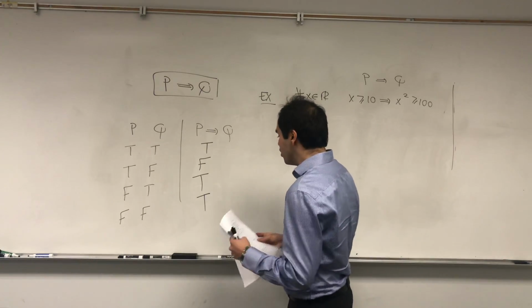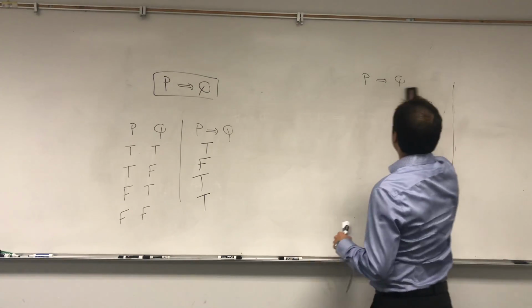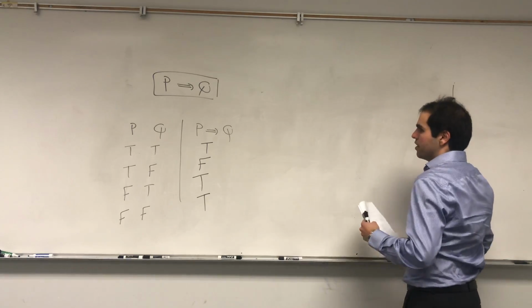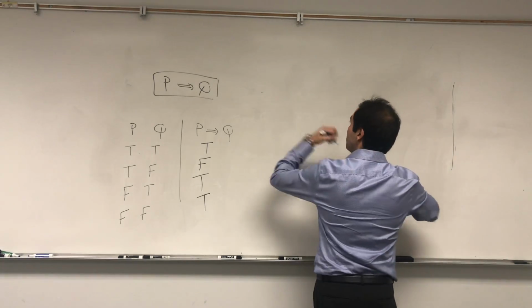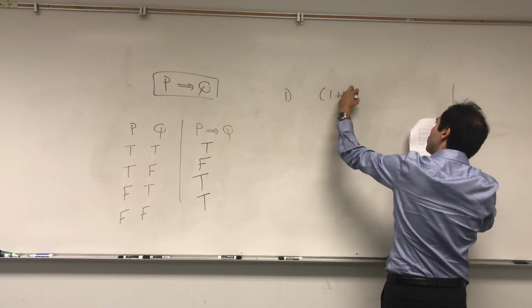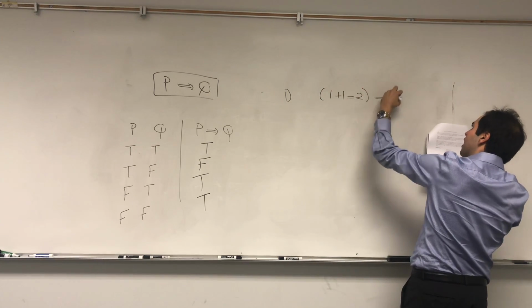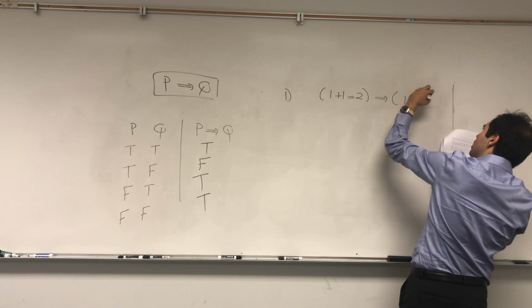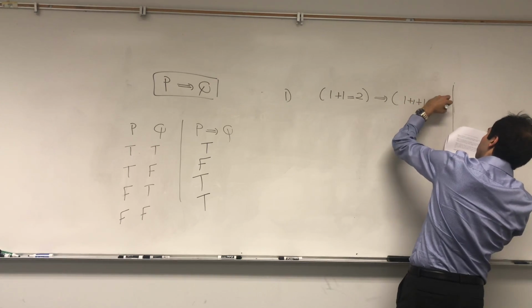But let me give you a couple of examples of scenarios. For instance, what about the following? Is this a true statement or not? 1 plus 1 equals 2 implies 1 plus 1 plus 1 equals 2 plus 1.